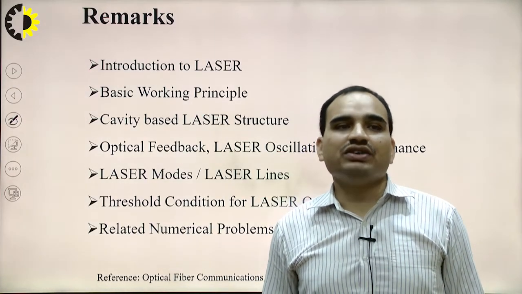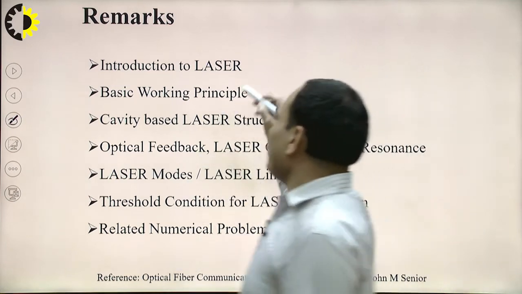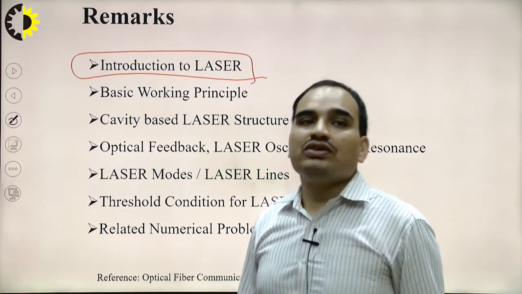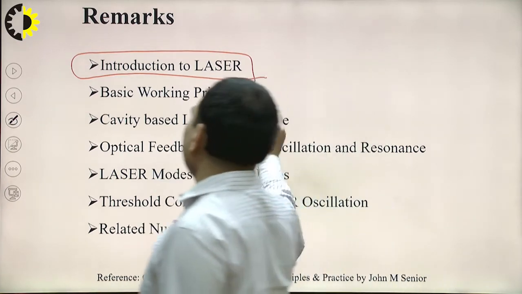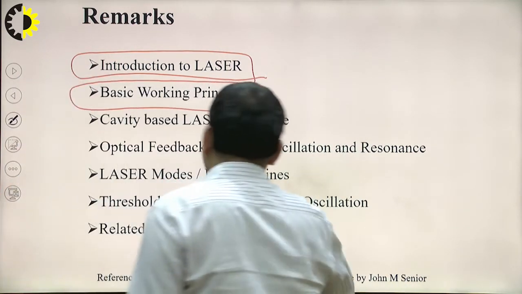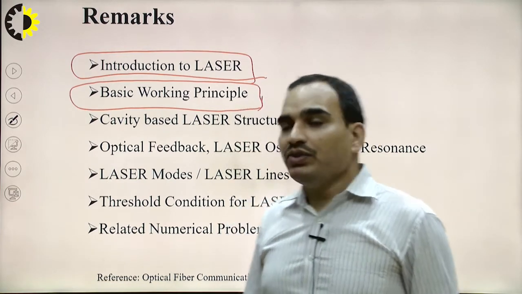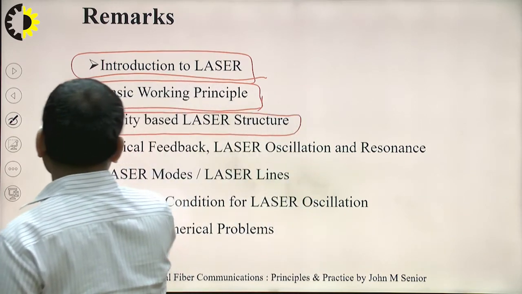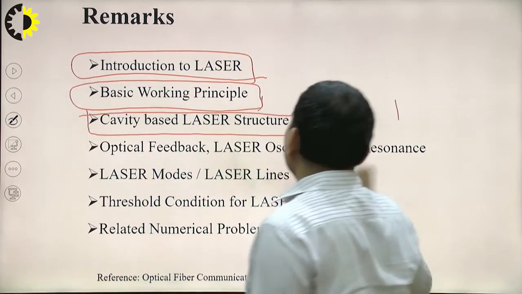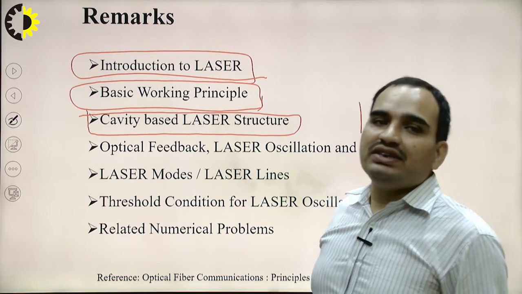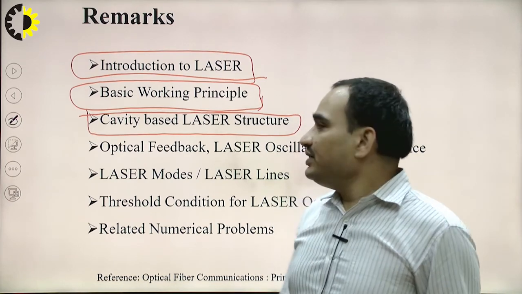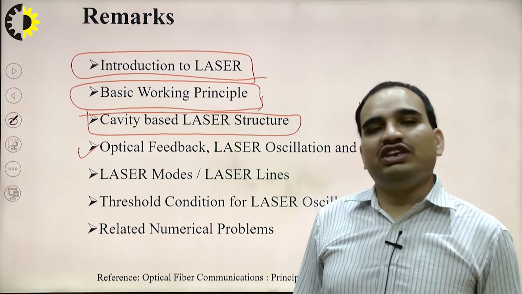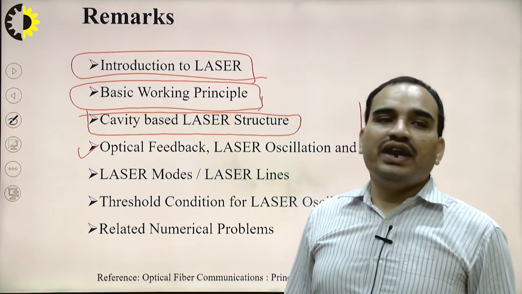So in this lecture, we have introduced the laser and how the laser works, the basic working principle based on stimulated emission and the energy band diagram. Then we discussed the cavity-based laser structure, where mirrors are separated by the distance capital L. Then we discussed the optical feedback, that is laser oscillation and resonances, and the laser modes.